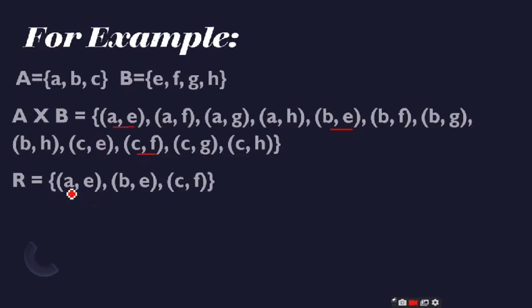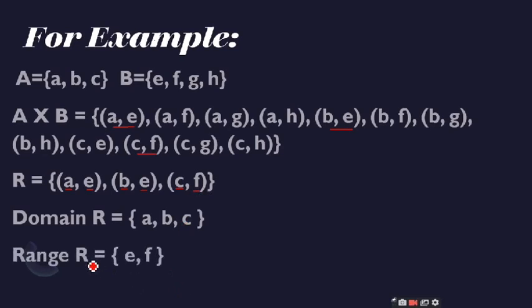As you know, the domain is the first element of the ordered pairs in the relation. So the domain is A, B and C. And the range is the second element. So the second element is E. In the second ordered pair again we have E, so we write E only one time, and F. So the range of the relation is E and F.